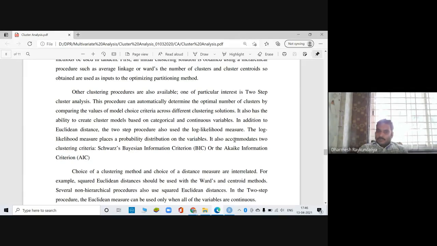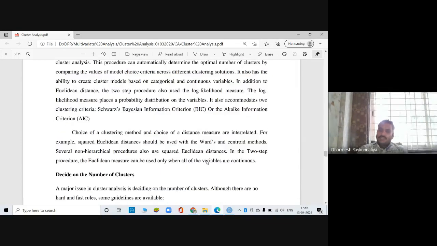You can also identify whether the clustering is good or not based on either the BIC or AIC. The lower the BIC and the lower the AIC, the better the clustering method. Choice of clustering method and choice of distance measure are interrelated. For example, squared Euclidean distance should be used with the Ward and centroid methods.